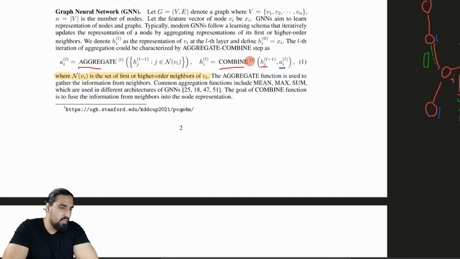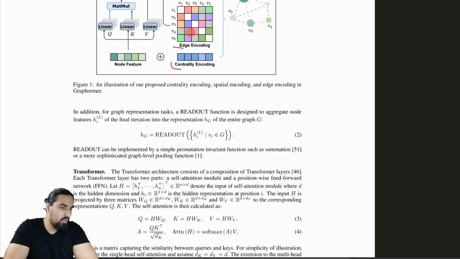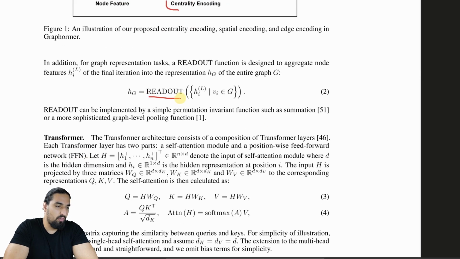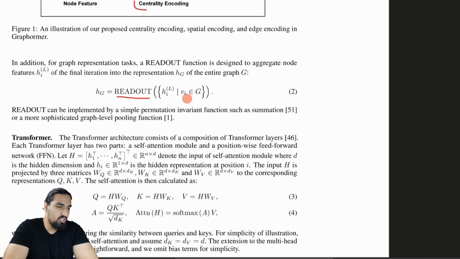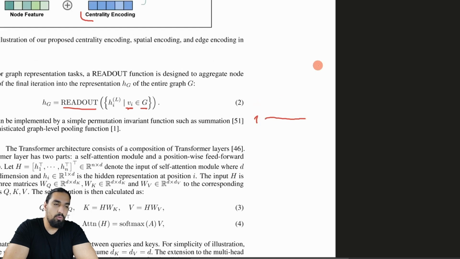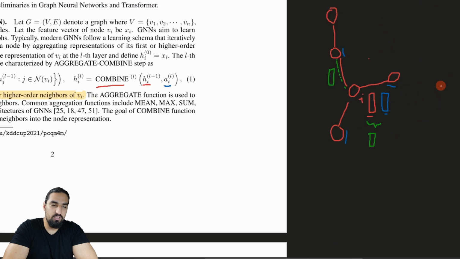And now there is one more thing. If you want to do graph-level prediction, what you usually do is you have this readout function. What it does, as you can see, is it takes the nodes from the set of nodes of that graph, and you combine them somehow. So again, you have layer 1, and on layer 1 you do processing that looks something like this.